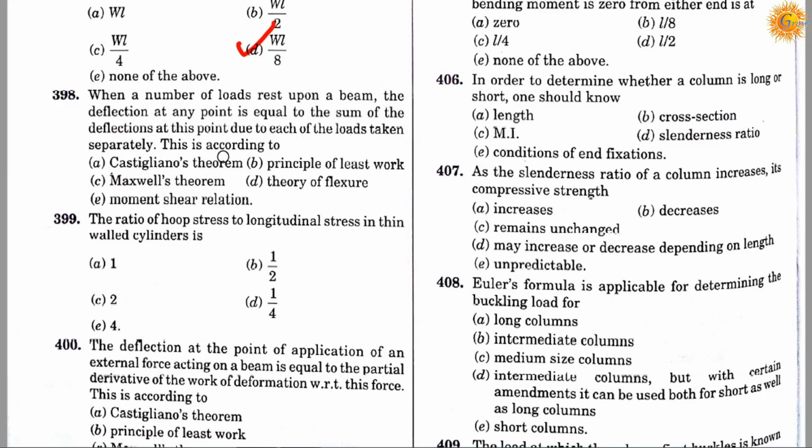This is considered to be: option A, Castigliano's theorem; option B, principle of least work; option C, Maxwell's theorem; option D, theory of flexure; and option E, moment shear relation. Correct answer C, it will be Maxwell's theorem.